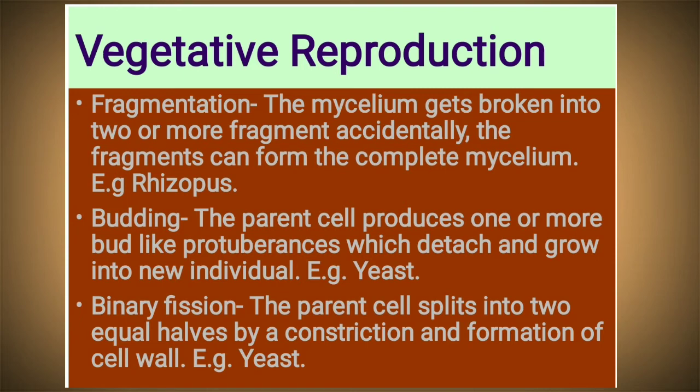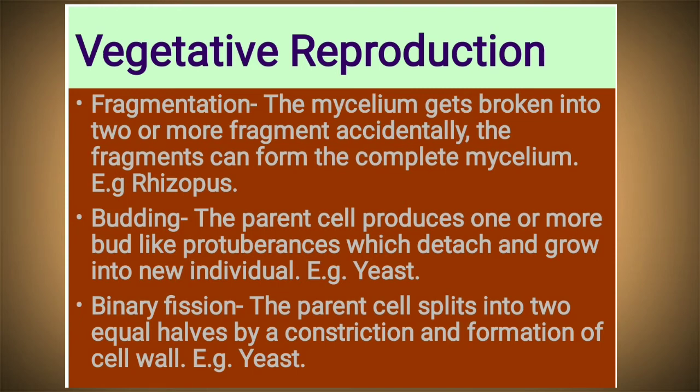Now another very common form of vegetative reproduction, generally done by unicellular organisms, is binary fission. In binary fission, the parent cell splits into two equal halves by a constriction and the formation of a cell wall. The word binary fission means that the mother cell divides equally.